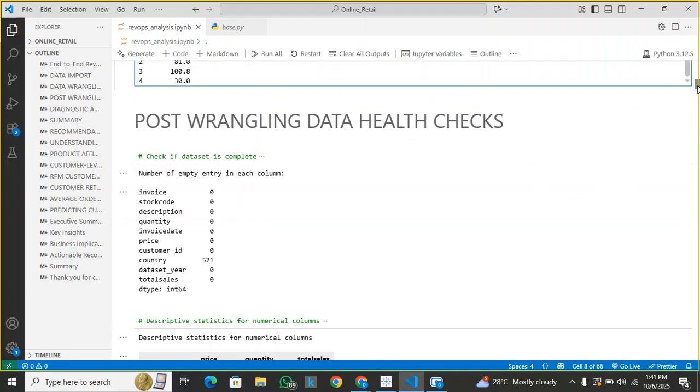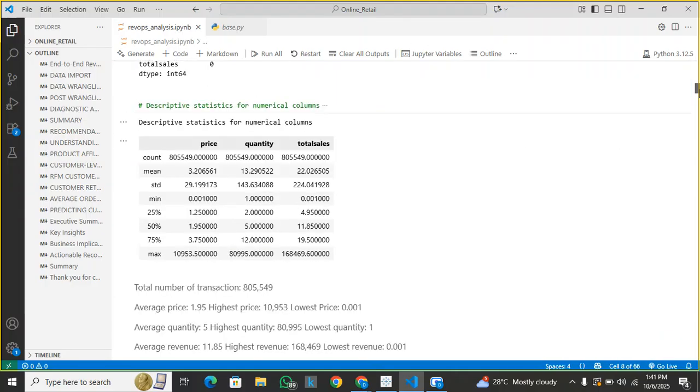And then I carried out descriptive statistics on the three numerical columns: price, quantity, and total sales, to see the distribution. We have 805,549 transactions.